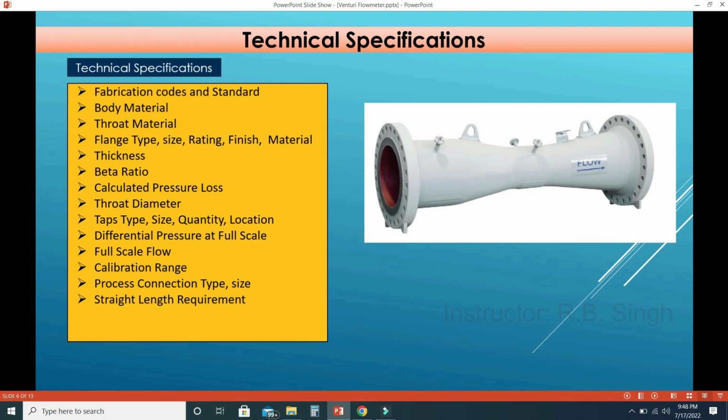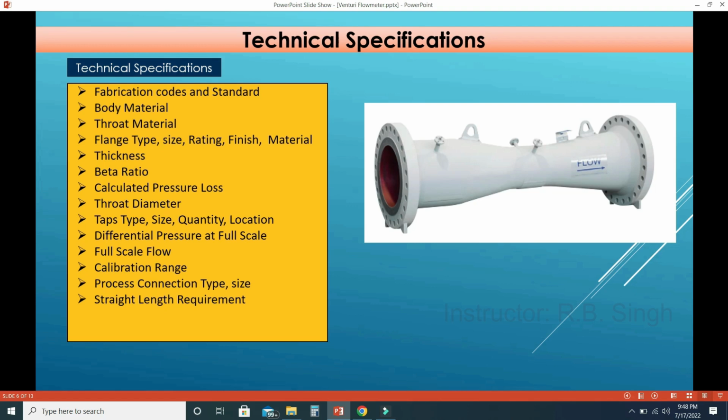Quantity: for one transmitter, at least one HP and one LP tapping is required. If you want to take two transmitter signals, then we have to consider two pairs of tapping. For one transmitter, one pair of tapping is required, for two transmitters, two pairs, and for three transmitters, three pairs, because in some cases we can use multiple transmitters with the same orifice or same Venturi meter.